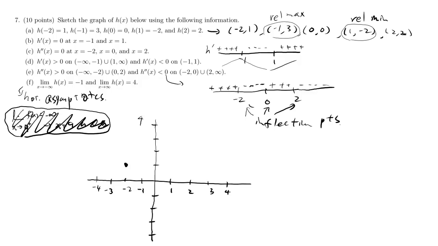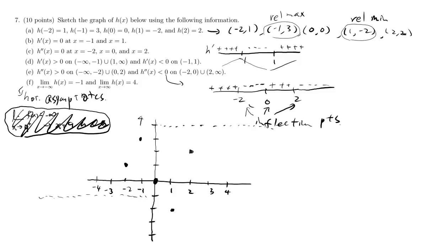Negative 1, 3 would be here. 0, 0 is here. 1, negative 2 would be here. And then 2, 2 is over here. Before you include these considerations, try to put those horizontal asymptotes. The horizontal asymptote as you go on the left side is negative 1. So as you go left, you need this horizontal asymptote. As you go right, you need this horizontal asymptote. It has to go toward this point.